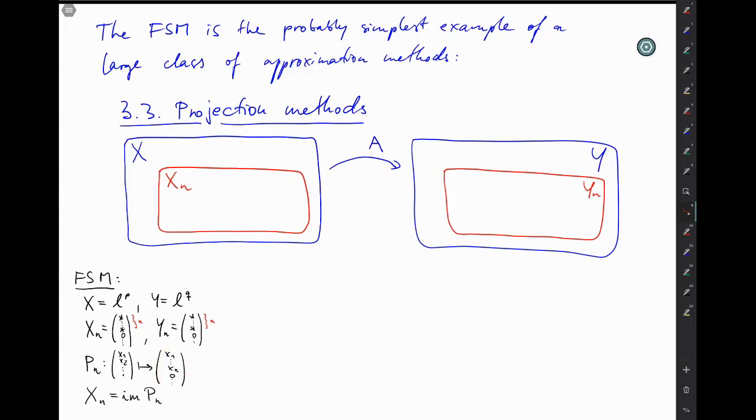And then the same kind of truncation is also happening on the other side, where you take infinite vectors from Y and truncate them to elements of Yn, where only the first n components remain and the rest is replaced by zeros.